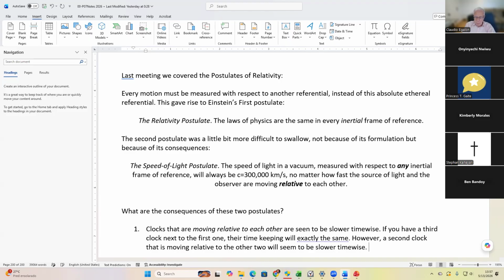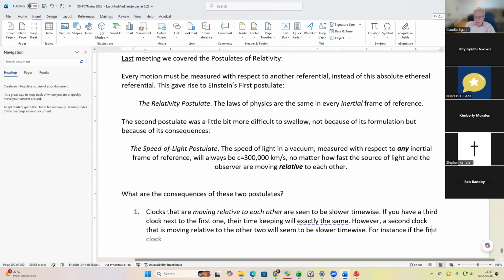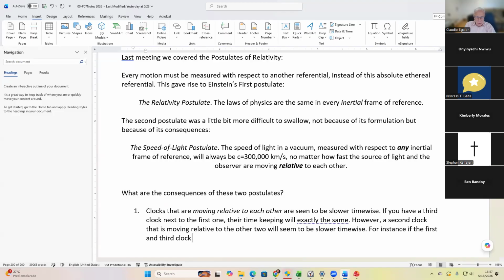What do we mean by slower time-wise? For instance, if the first and third clocks read 60 minutes, depending on the relative velocity of the second clock, it will indicate, let us say, 50 minutes instead. That's what I mean by slower.